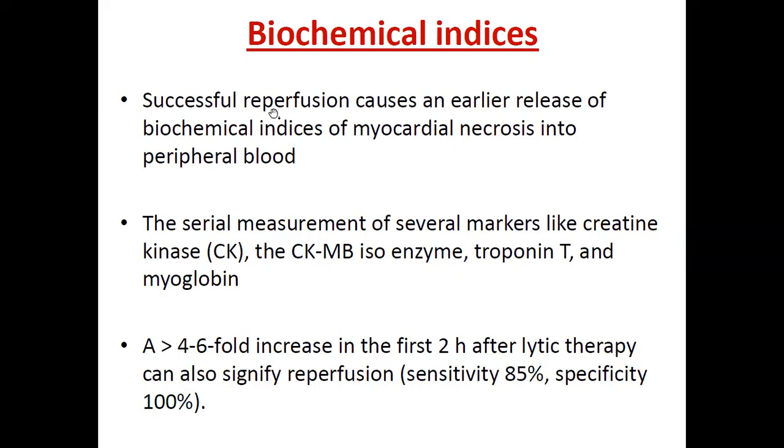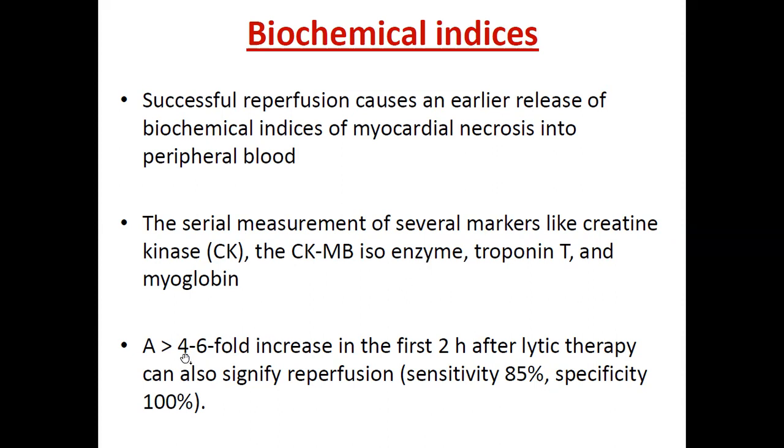Biochemical indices wise, successful reperfusion can also be seen where there is a 4 to 6 fold increase in the biomarkers. Normally all these biomarkers in the myocardium get released into the circulation early, because the block is cleared and there is lysis of the clots.